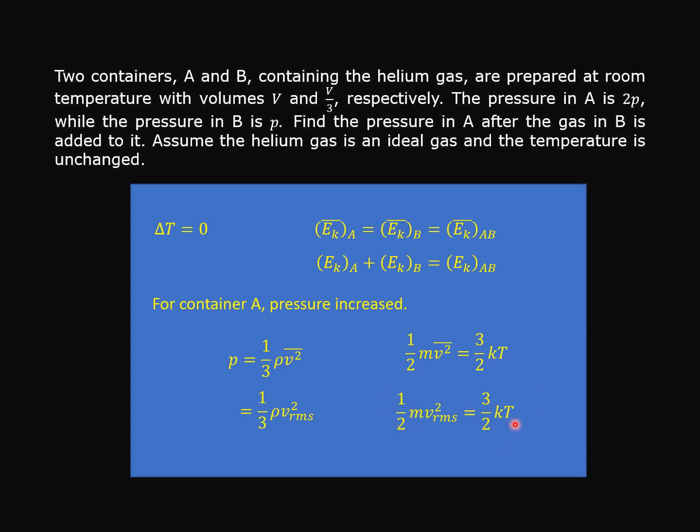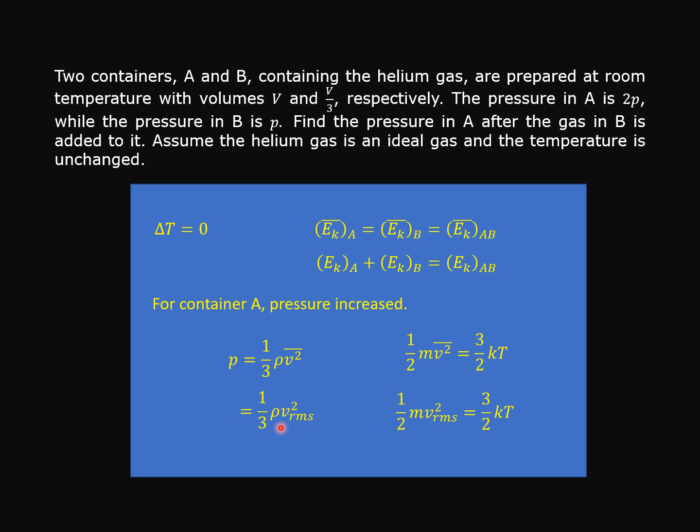When T does not change, the quantity on the left hand side also won't change. So if the average translational kinetic energy is not changing, then V RMS squared also won't change. So in these equations, the pressure increase is not due to V RMS squared. It is due to rho, the density of the gas in container A, which is now increased.